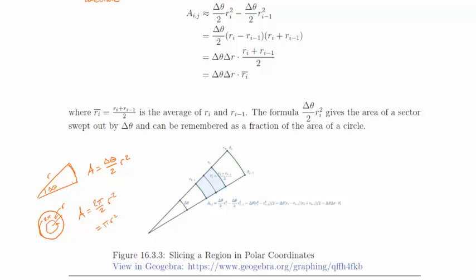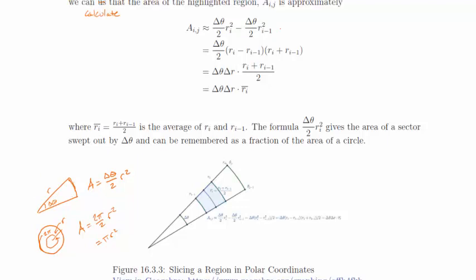So this is just scaled down for the area of a sector of a circle. Okay, let's get back to our picture here, and we'll do some simplification. Actually, let's not use the picture. Let's just go back up here. So we've looked at the picture, and we saw that the area of a section between r sub I minus 1 and r sub I, and angle theta sub j minus 1 to theta sub j is going to be delta theta over 2 times r sub I squared minus delta theta over 2 of r sub I minus 1 squared.